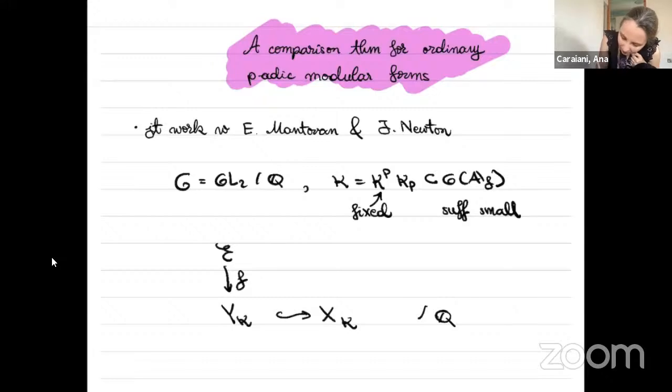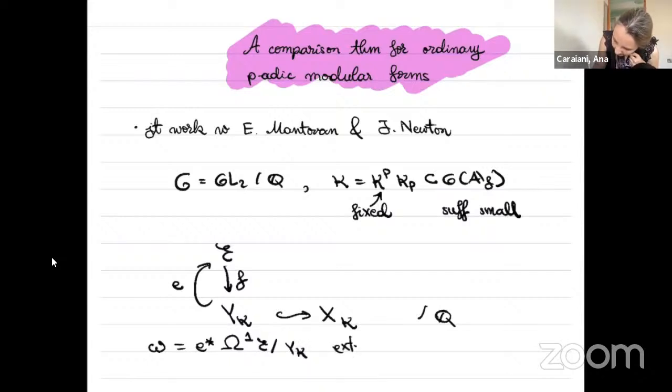I'm going to denote this map by f and the unit section by e. And I want to look at the automorphic line bundle, which is obtained by taking the pullback of the relative differentials of E over Y_K, which actually extends to X_K.